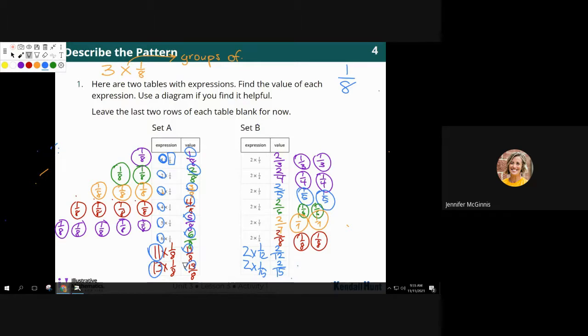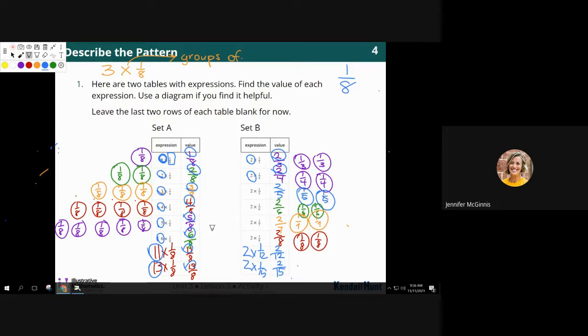What do you notice about set B? Lucia? For the numerator, they all have 2. And what's the whole number in all of them? 2. The whole number is 2. The numerator is 2, right?